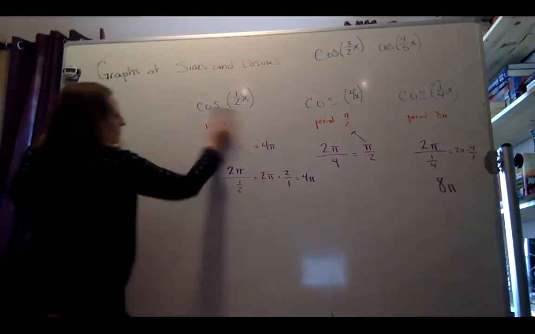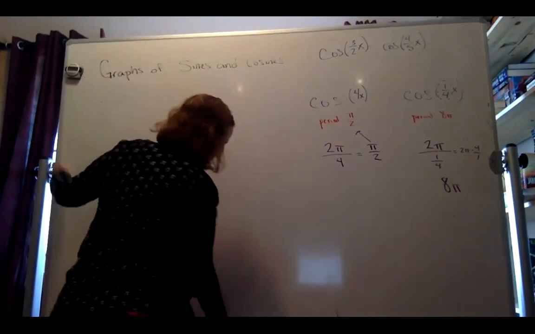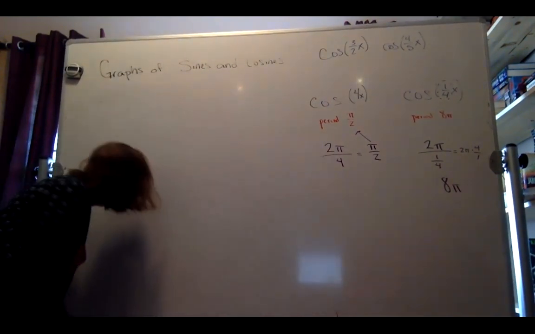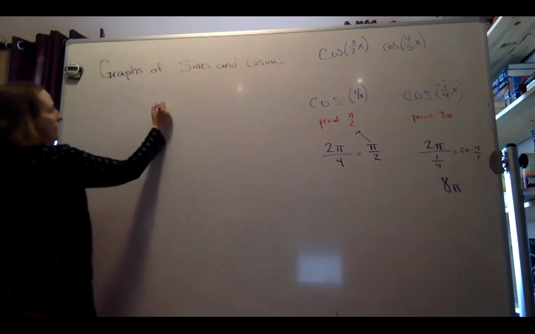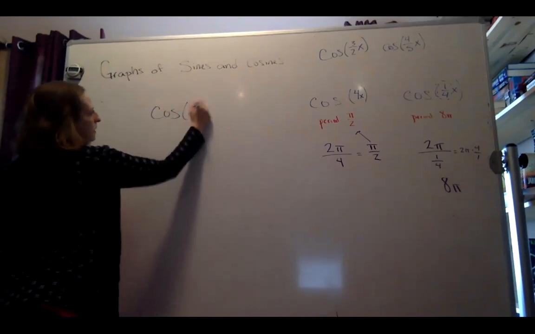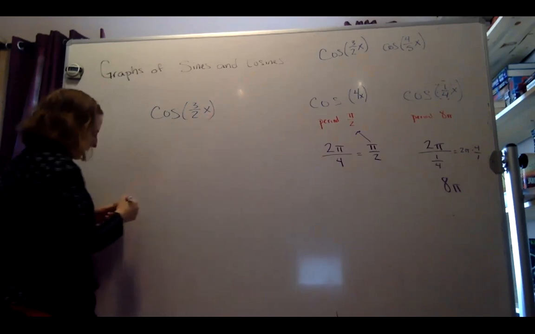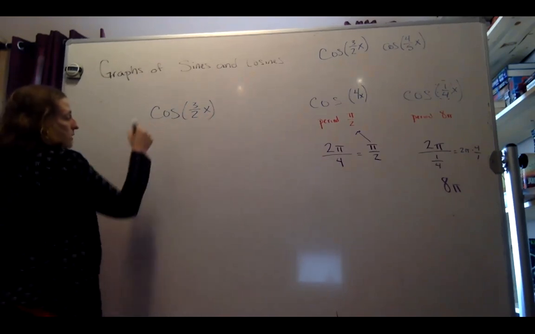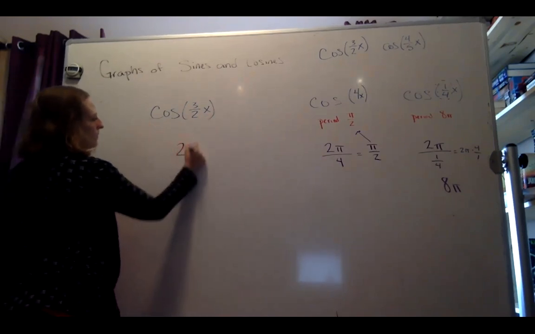Let's consider the period of cosine of 3/2 x. Our original period, the period of cosine, is 2 pi.